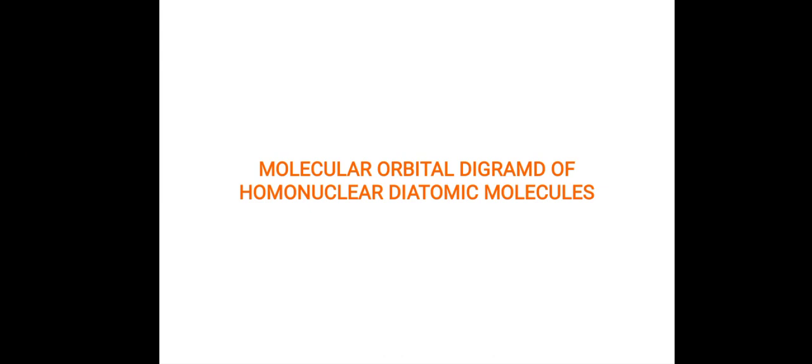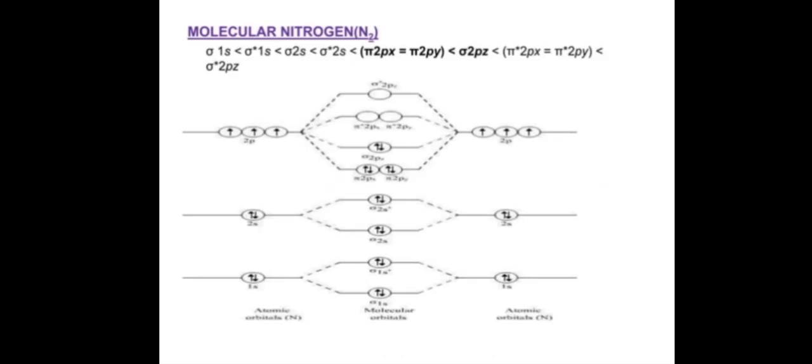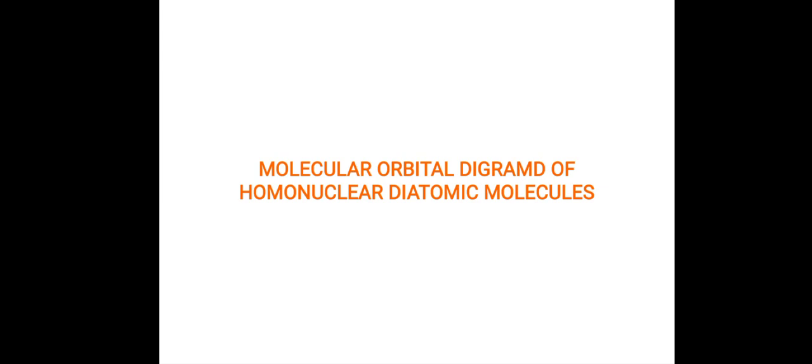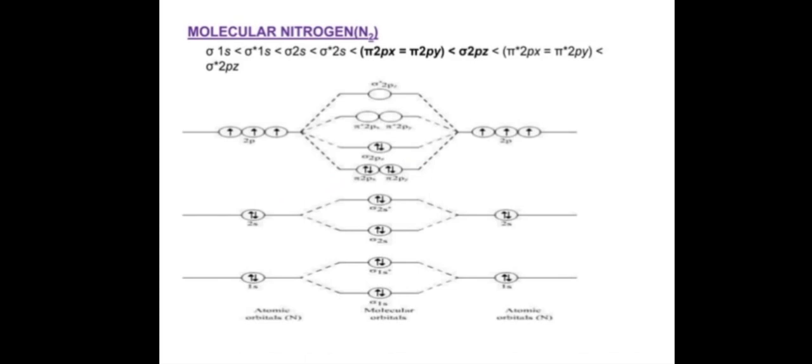Let us move on to the molecular orbital diagrams of homonuclear diatomic molecules. You see, homonuclear diatomic molecules are molecules formed by combining the same element, or the same atoms. Examples like H2, He2, Li2, Be2, B2.